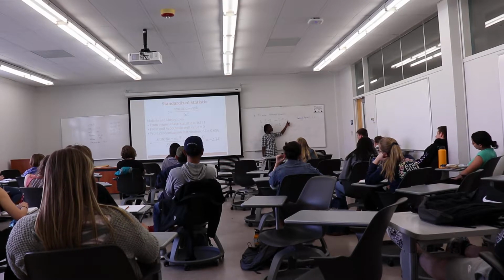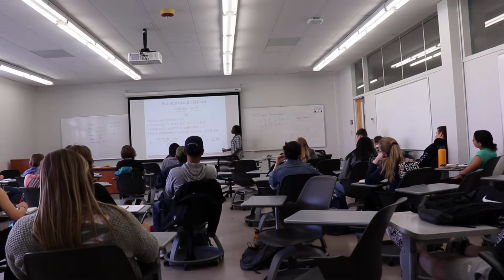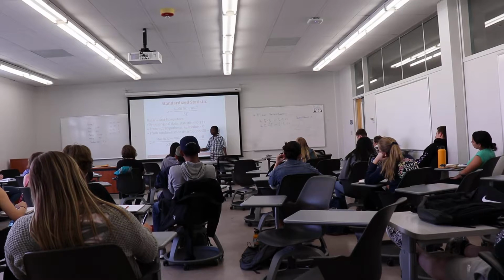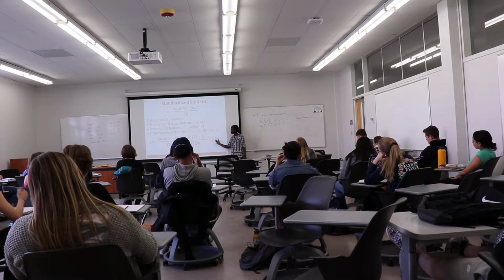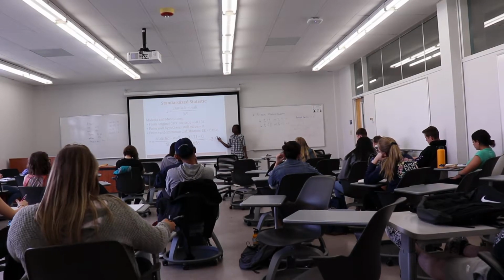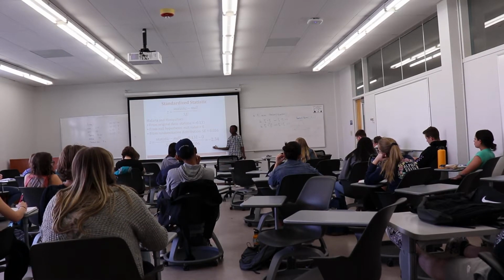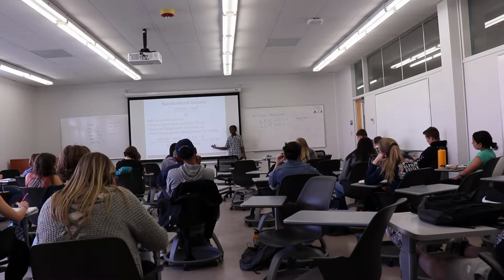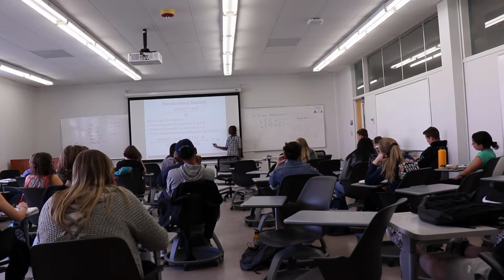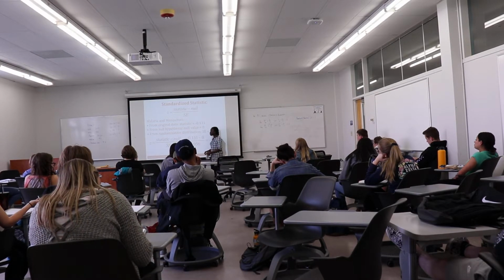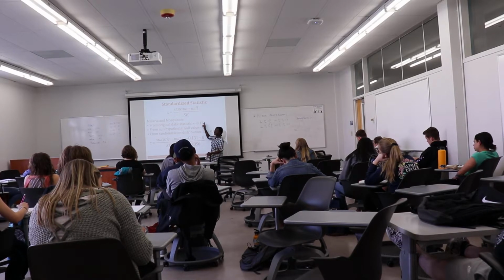Then we divide by the standard error, which gives us minus 2.34. This value becomes the standardized test statistic. It's no longer the observed statistic, because we have standardized this original statistic.